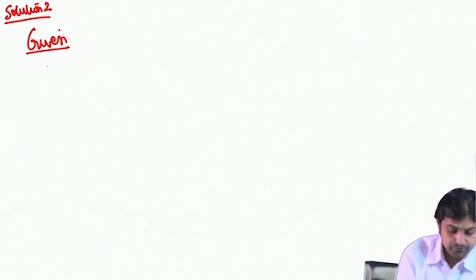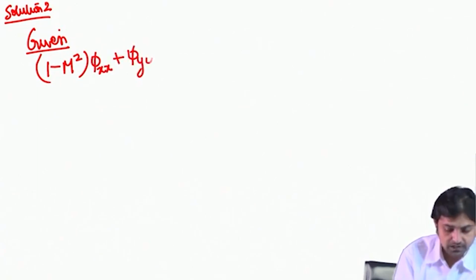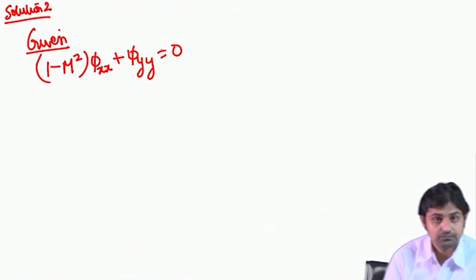All right. So first we write down what is given to us: 1 minus m square into phi xx plus phi yy is equal to 0.